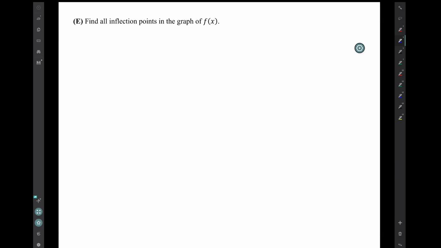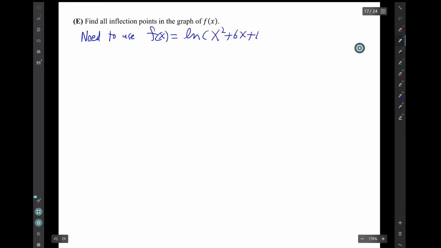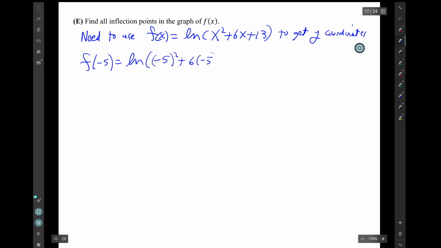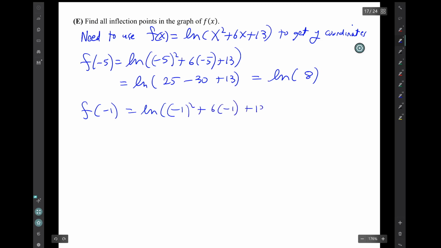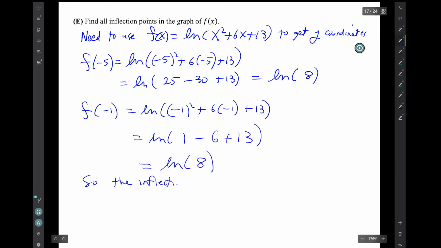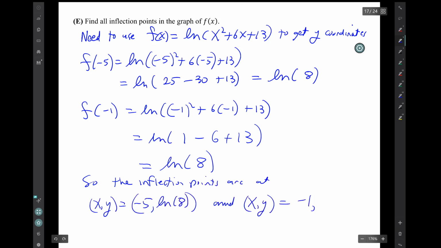Well, that means we need to find the x, y coordinates. So our conclusion is that the y values are ln of 8.